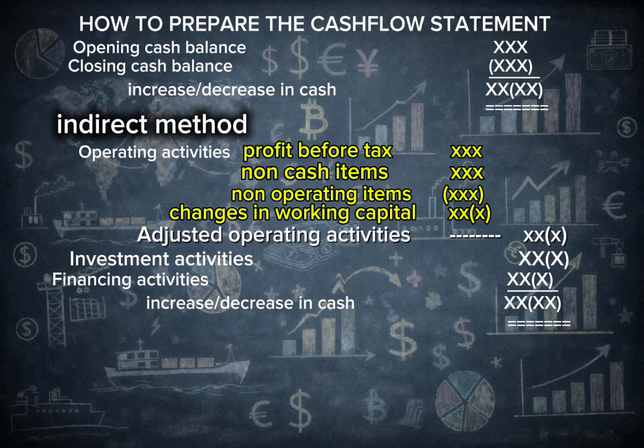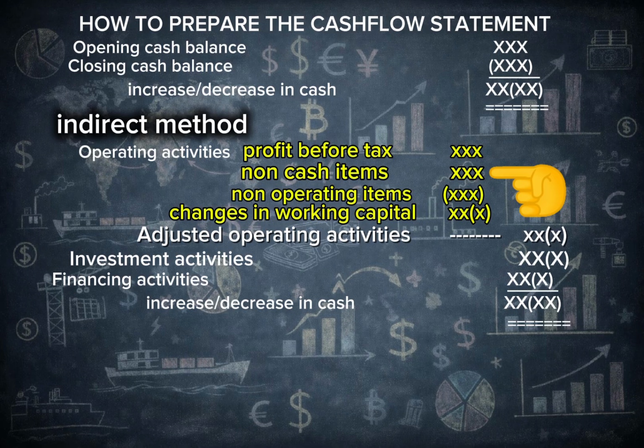Let me explain. Non-cash items are expenses or income that affect accounting profits, but they do not involve actual cash receipt or cash payments. That is, although they appear in the income statement, no cash actually left the business. And since no cash was paid or received, they should not affect the cash flow.